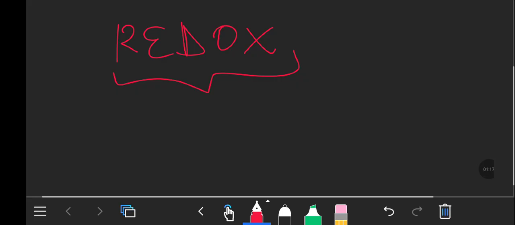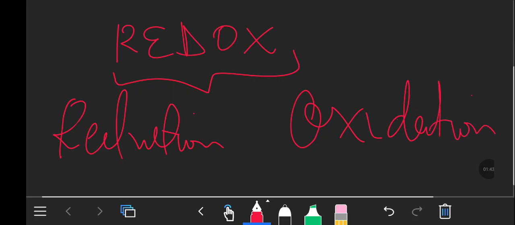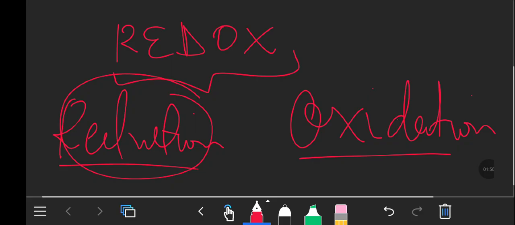So they just combine RE from RED from reduction, so this is reduction, then OX from oxidation. So you can't understand redox reaction minus having an understanding about reduction and oxidation reactions.